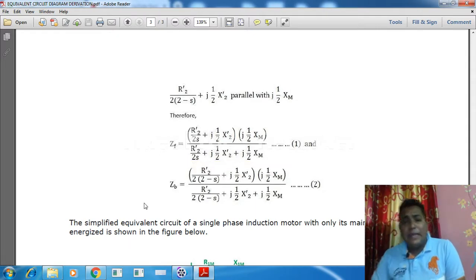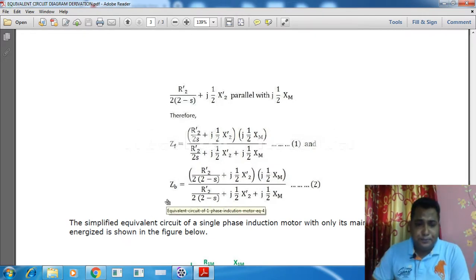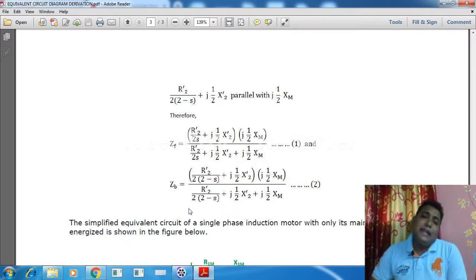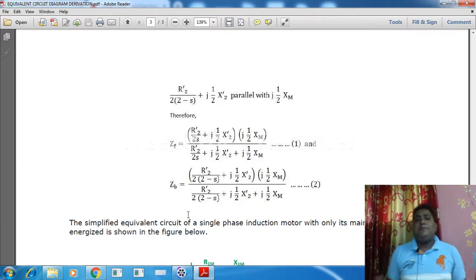In the same way we can find the impedance of the backward path. The backward path impedance is given by R2 bar by 2 into 2 minus s plus j x2 bar by 2, into j xm by 2, divided by the summation of all the components, that is R2 bar by 2 into 2 minus s plus j x2 bar by 2 plus j xm by 2.